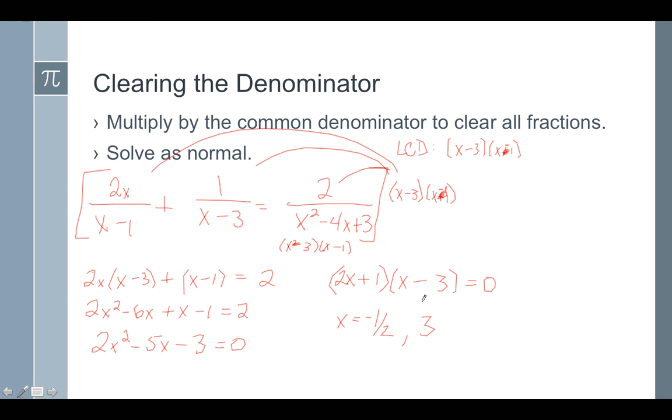If I were to plug in these numbers, notice the negative 1/2 is okay. Nothing happens. But what happens when I plug in a positive 3? Well, it makes this one 0 in the denominator, which means this one is not a solution, and that one would be our extraneous solution.